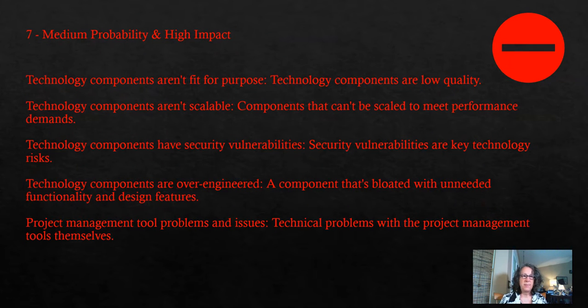Another 7, medium probability and high impact, deals with the technology components, and there's a lot of them here. Security is certainly a concern. The technology being over-engineered sometimes can be a difficult concept to comprehend.